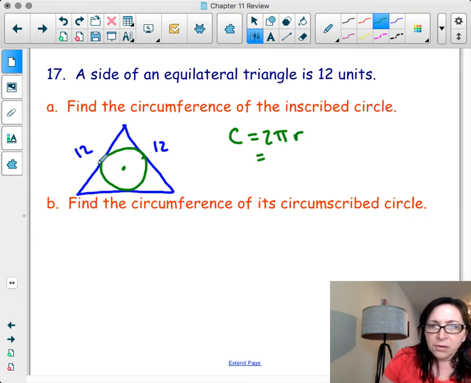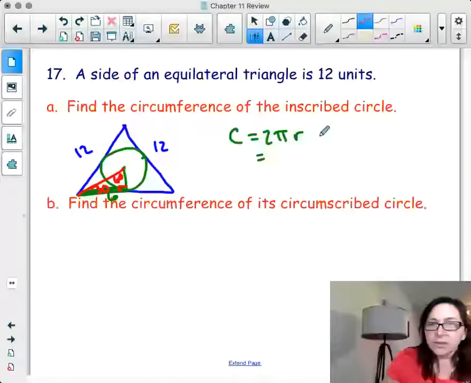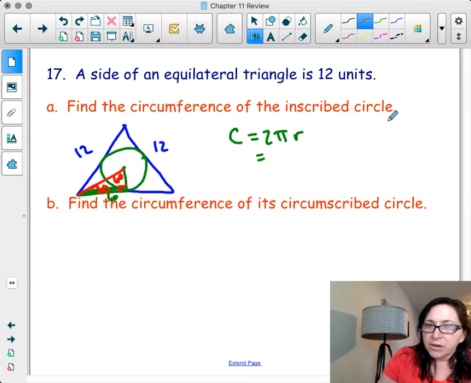So we know that the distance from here to here, right there, is 6. Okay, so what we can do is draw this right here. We know this is 30, and we know that's 60. Across from the 60 is a root 3.